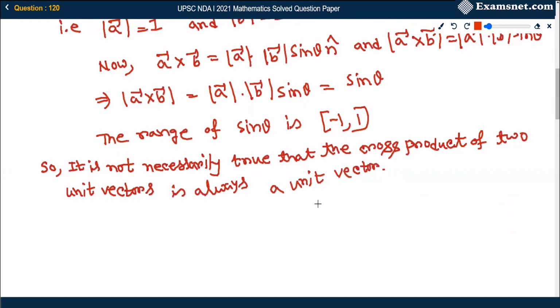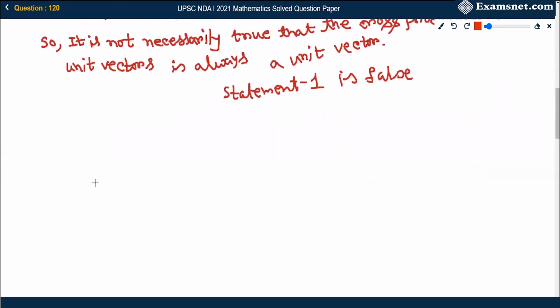Okay, that means statement 1 is false. Statement 1 is false, right?